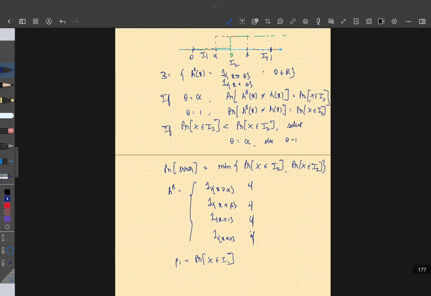The probability of error is basically P3, the probability of I3. What is the probability of error of this classifier? I1.